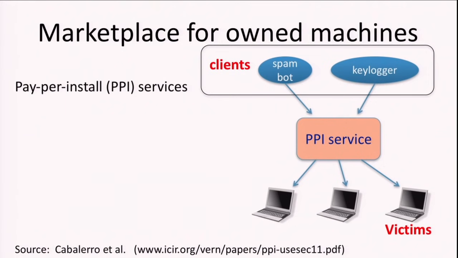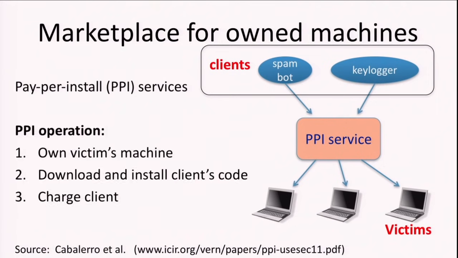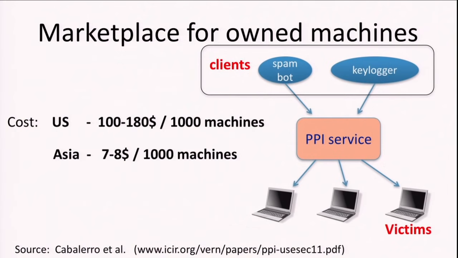These service providers own these machines, and they will negotiate the price with you, and then they will take your code, install it onto the machines that they own, and charge you. In 2011, at a conference, these authors posed as buyers of this service and found the prices at that time.